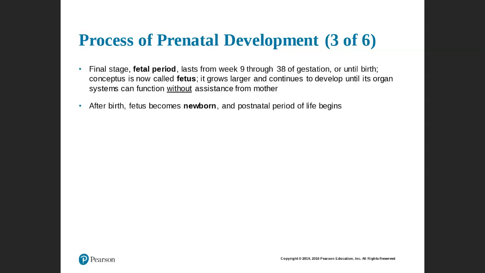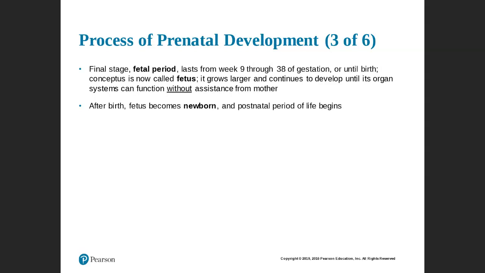And then the final stage of the pregnancy or the gestation is what we refer to as the fetal period. This is when the fetus looks more human-like. Okay, it lasts from weeks 9 through 38 of gestation. A normal period of gestation is about 38 weeks, or until birth. The conceptus is what we refer to now as a fetus.